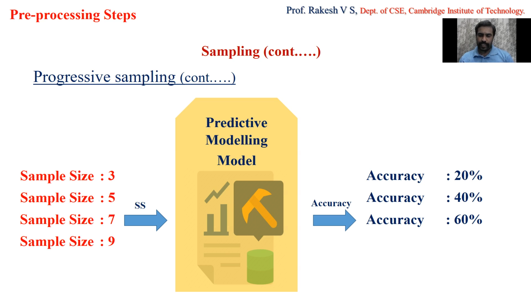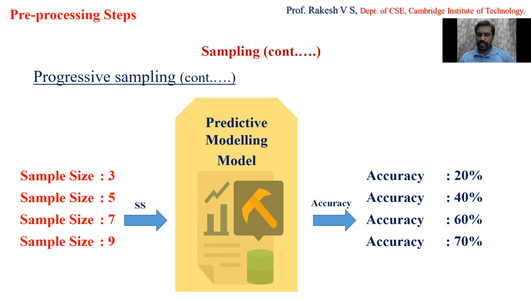That is, I'll take it to 9 and check the accuracy level. The accuracy in this case is 70. Even though the accuracy has increased, there is not much increase compared to the previous 2 cases. Previously, I got a 20% increase, whereas here I have got only 10%.